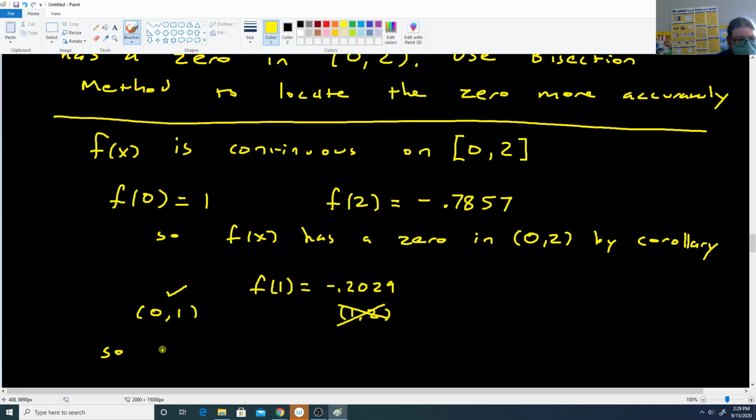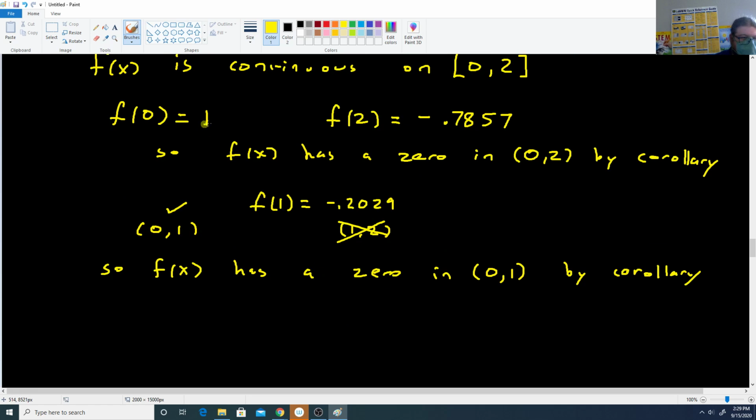So f of x has a 0 in 0 to 1 by the corollary.